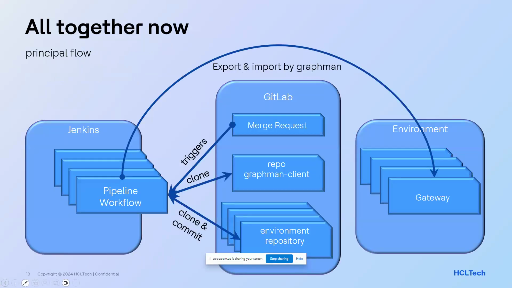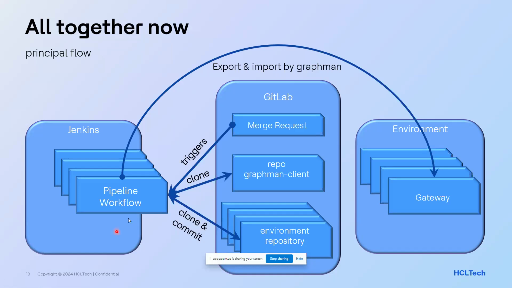This is more a kind of principal flow picture. I was trying to explain how it looks from a data flow and integration perspective. In the middle, you have GitLab as more or less the central tool for organizing deployments.